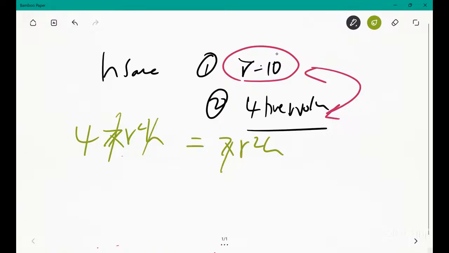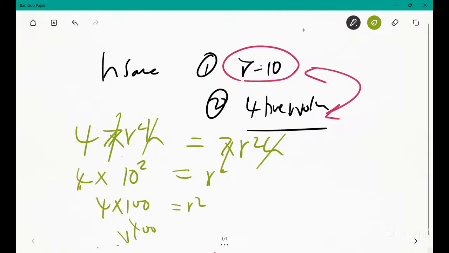So these get cancelled, and then you have 4 into 10 squared equals r squared. So 4 into 100 is r squared, so 400. When you square root, you get 20. So this is how you do it.